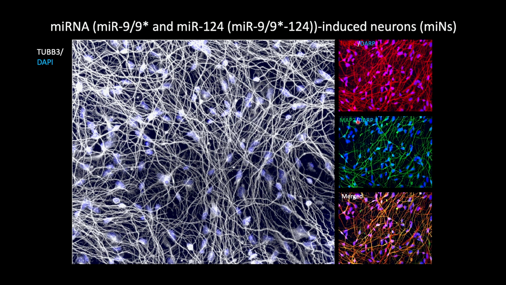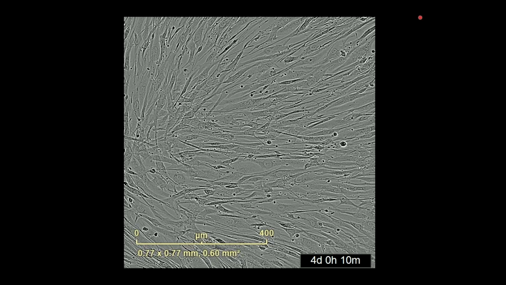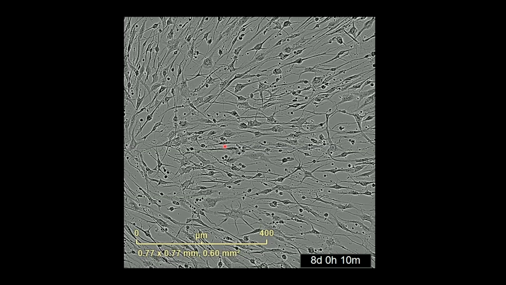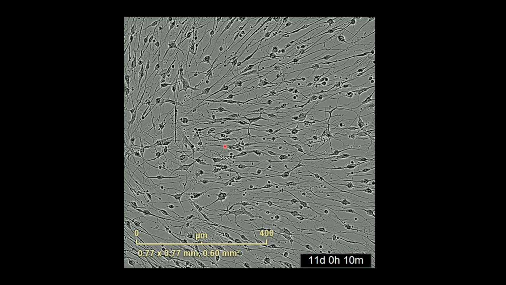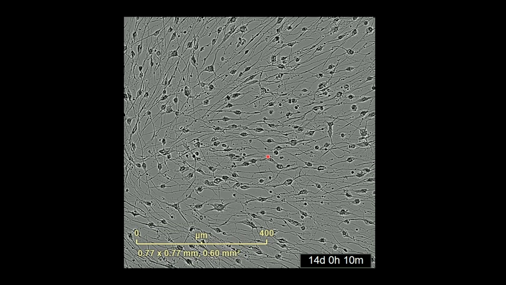In terms of the temporal progression, if you start from this starting cell population, these are human adult fibroblasts, and then if you monitor them over time, you can see cells basically morph, the cell size shrinks, and they morph into these cells in a post-mitotic context.